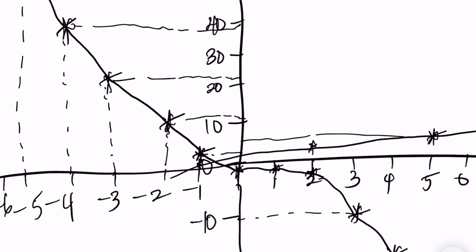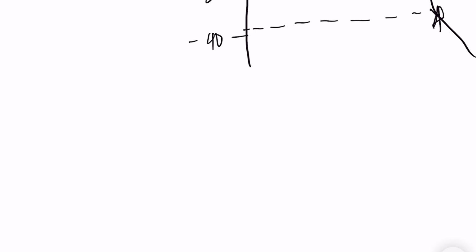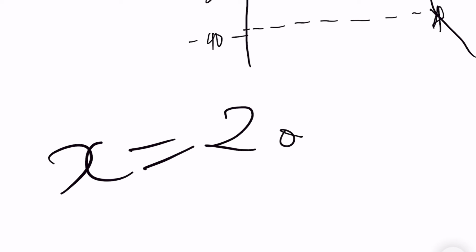We have it to be around minus 0.7 in this part, and around this part we have it to be around 2. So here our answer will be x equals 2, or x equals minus 0.7.